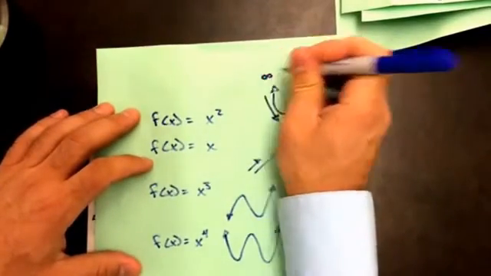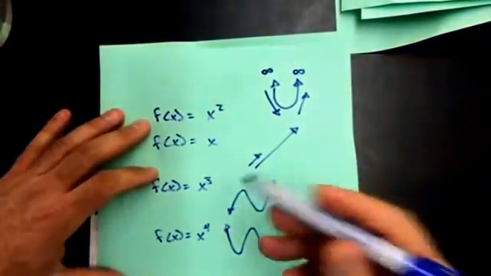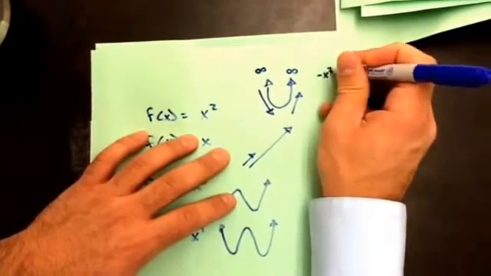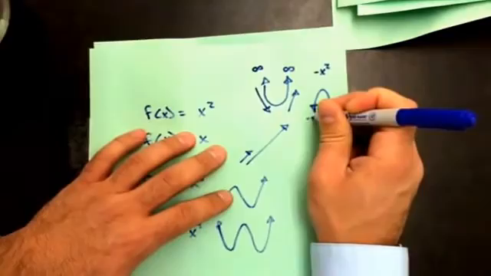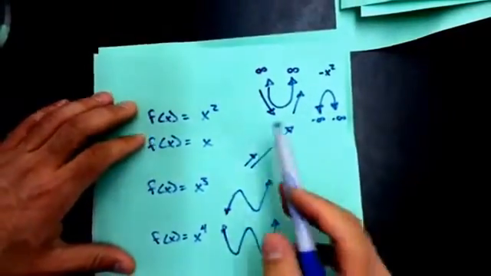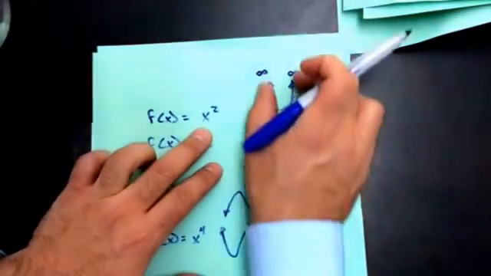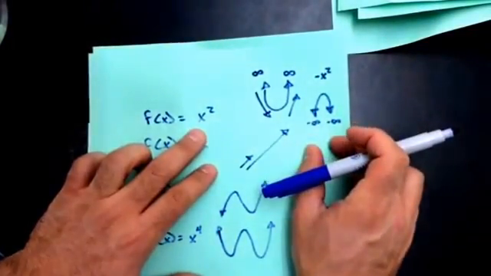That's really what we're looking at for our y values. If it's negative, it's going to flip over. So if it's negative x squared, then it's going to look like this. So it's going from negative infinity to negative infinity. So for a positive quadratic, it continues on to infinity, it's facing up. For a negative quadratic, it continues on to negative infinity, it's facing down.